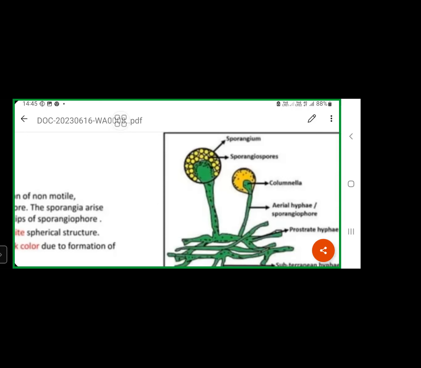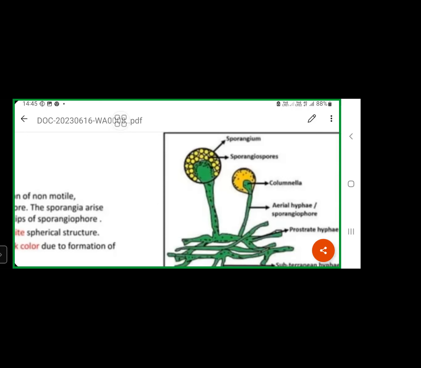Those are called spores. Each spore consists of some amount of cytoplasm and one nucleus. Like this, the sporangium cell contents are differentiated into many spores.